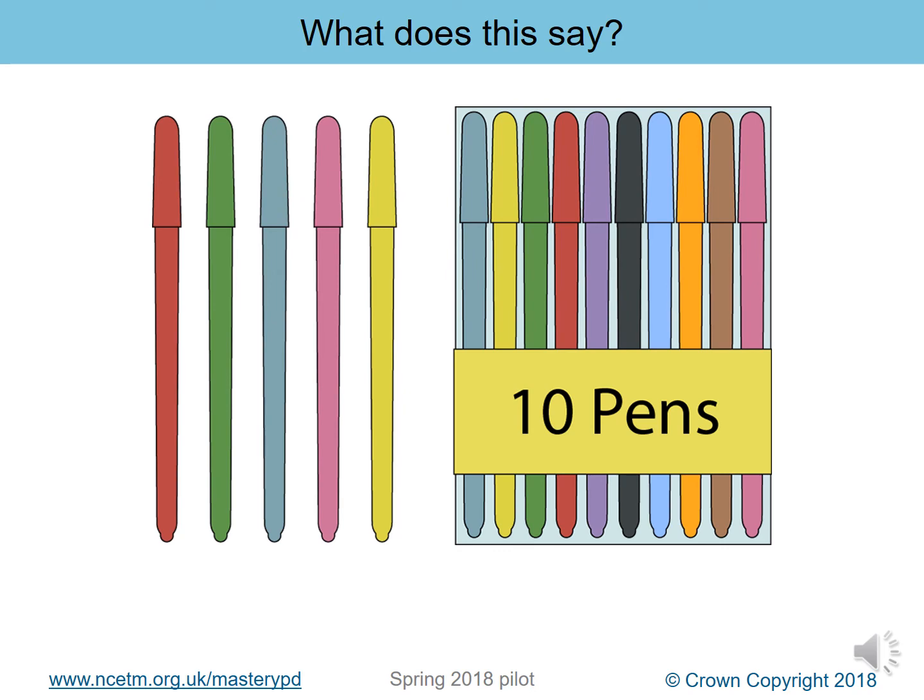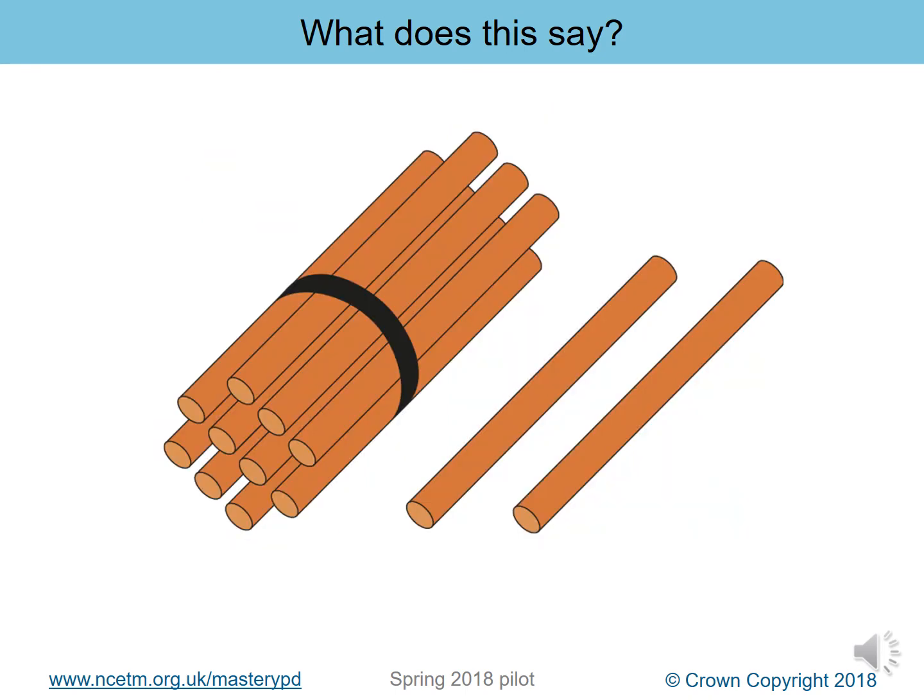How many pens do I have? I have got 5 ones and 1 ten, so I've got 5 add 10, which is 15. What about now? 10 and 2 ones. 10 add 2 equals 12.